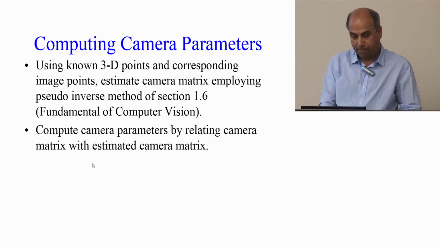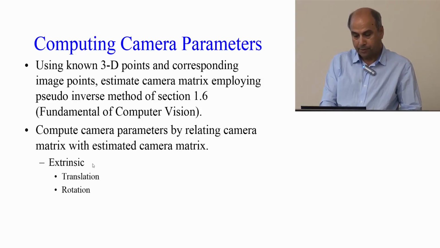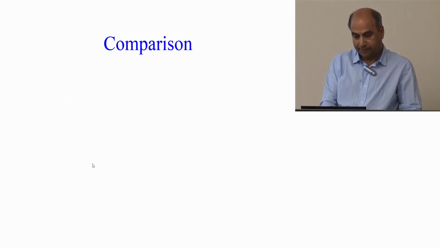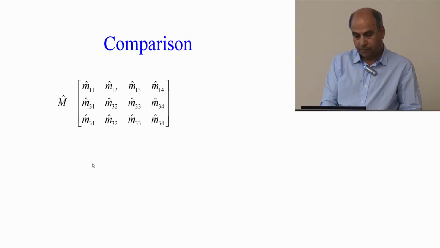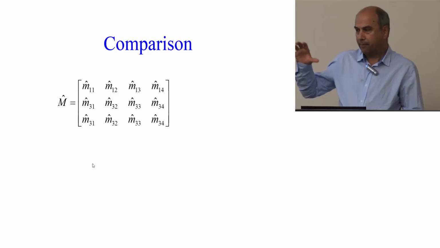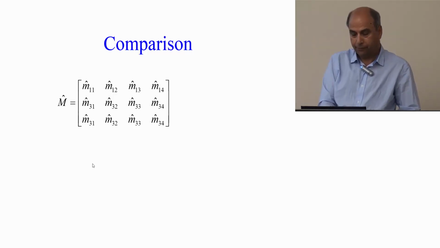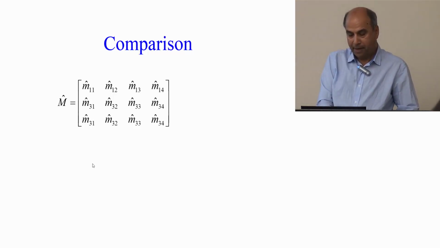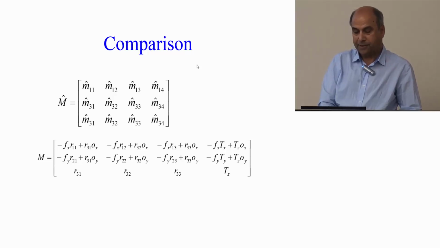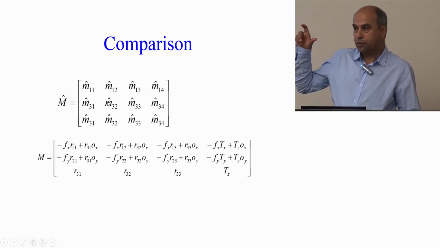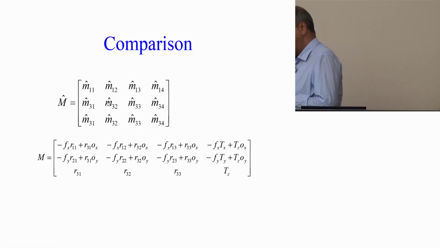That's what we're going to do. Okay, so let's talk about that. This is what we'll call the M matrix. As we said, we don't have to worry about the fourth row. We used to call it the A matrix, but let's call it the M matrix to be consistent with the notation.